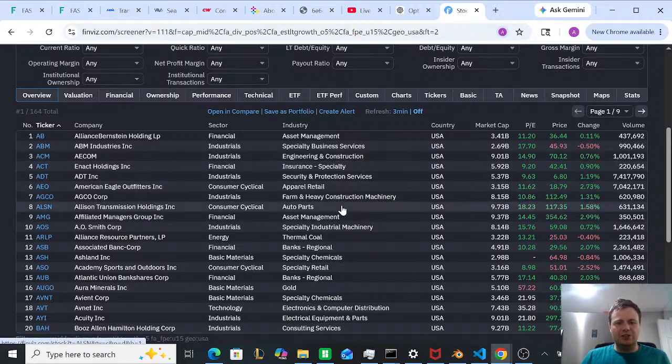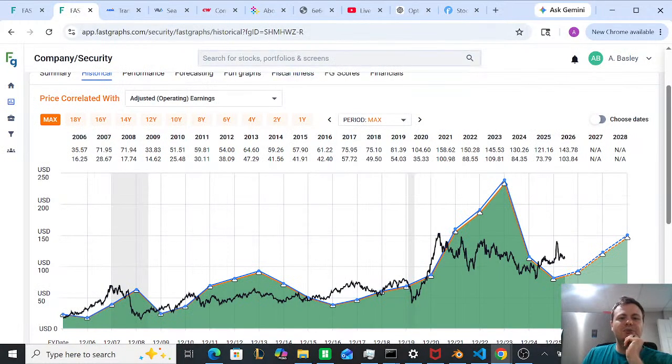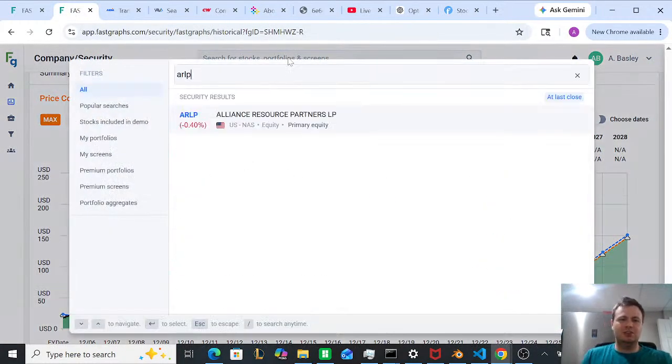Auto parts, I'm not that interested in auto parts. Asset management, whatever. Thermal coal. This is another limited partnership. I already own a limited partnership, so I'm not that interested, but I'll just look for looking's sake.